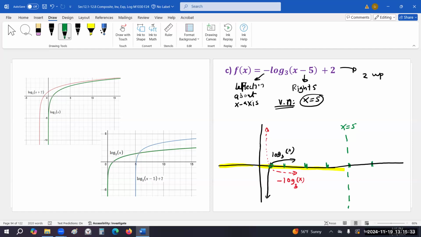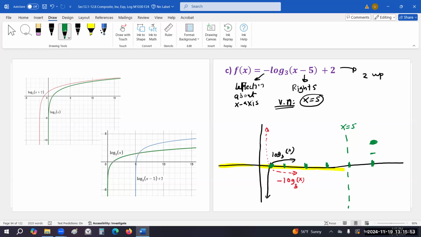And you're moving this x-intercept where? From here we go 1, 2, 3, 4, 5, and then 1, 2 here.